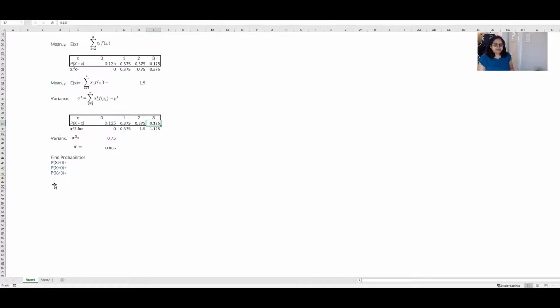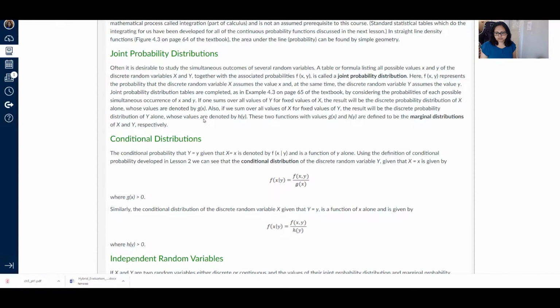So many times you will see that we are talking about finding probabilities. If it is a discrete random variable, then you can easily find them using the table you have. So we just talked about how, with one random variable, we can find the probability distribution and then find the expected value and variance from there.